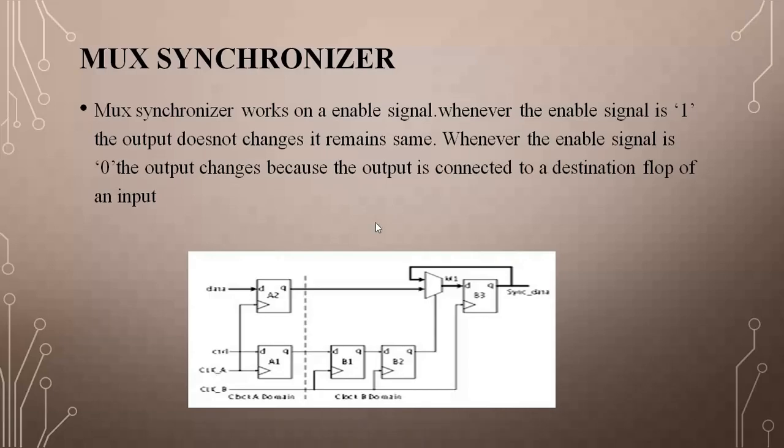Whenever the enable signal is 1, the output doesn't change, it remains the same. Whenever the enable signal is 0, the output changes because the output is connected to the input of a destination flop. So this is the mux synchronizer, which mainly works with the enable signal.